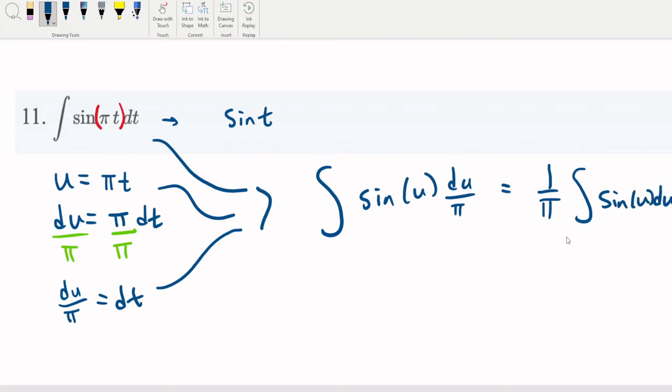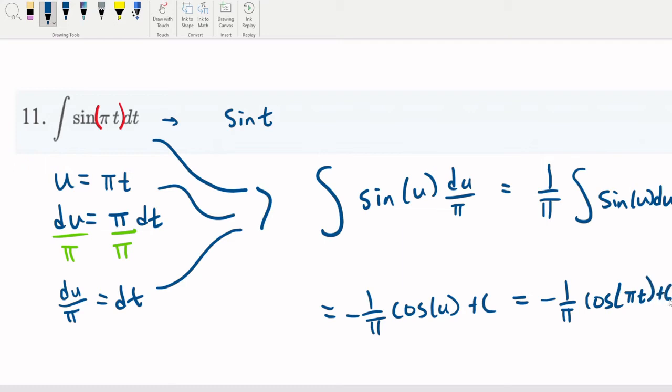And again, this is in our toolbox. We just have to remember our toolbox. So this is equal to 1 over pi times negative cosine u plus c, which, remember, I don't care about u, I want the other variable, so do the substitution back. Negative cosine pi t plus c, over pi. All done.